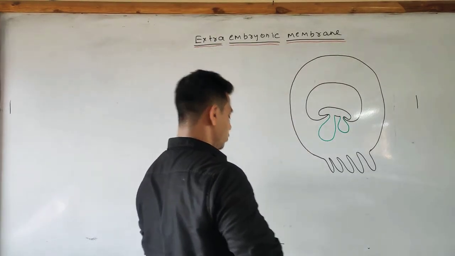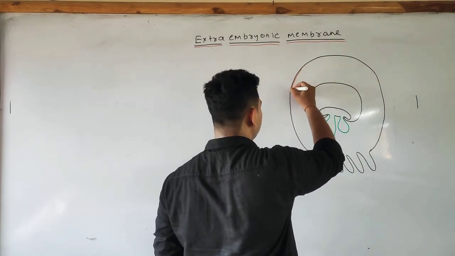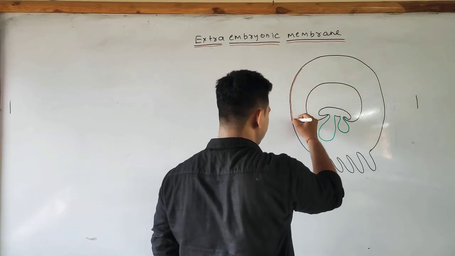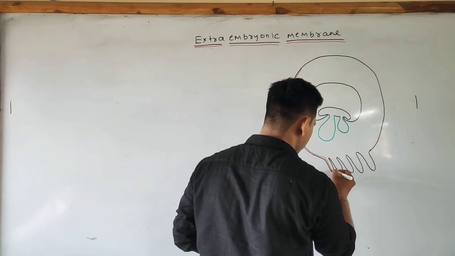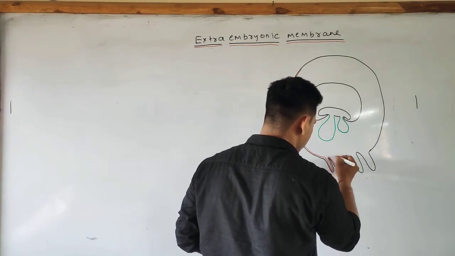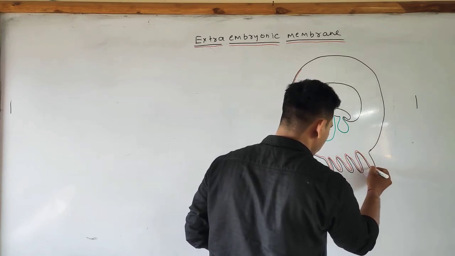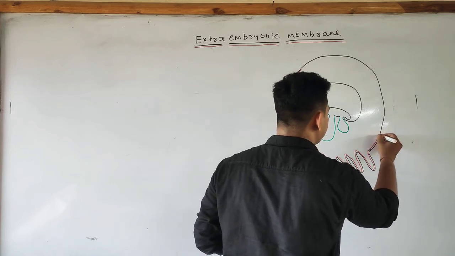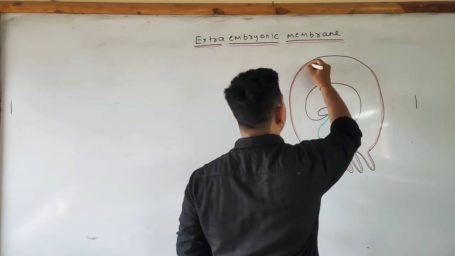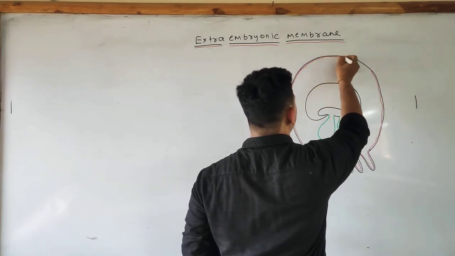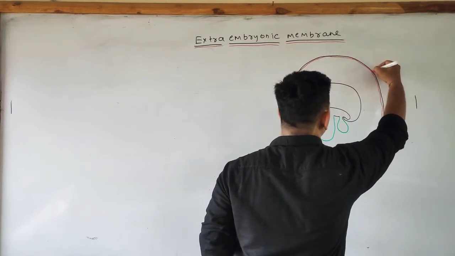Now we will do the mesoderm portion. As you all know, this is the mesoderm lining. As you all know, externally it is lined by the ectoderm, but internally by the mesoderm or the somatopleuric mesoderm, okay?